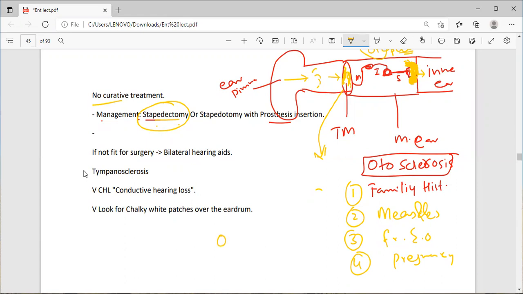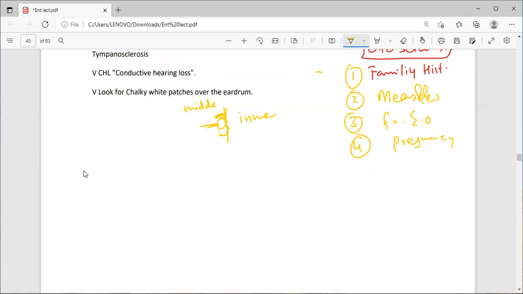Suppose this is the inner ear and this is the middle ear. Here was the stapes, which is not basically present. There was some otosclerosis here. You will remove this stapes. This is the incus, and we have removed the stapes.